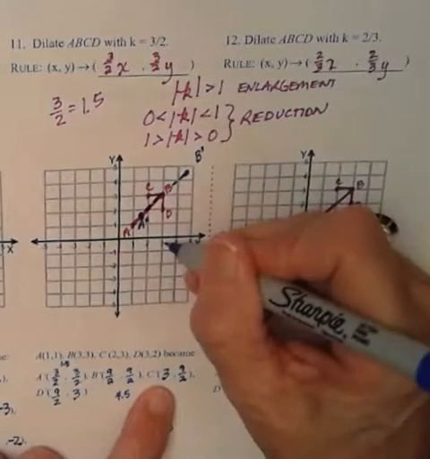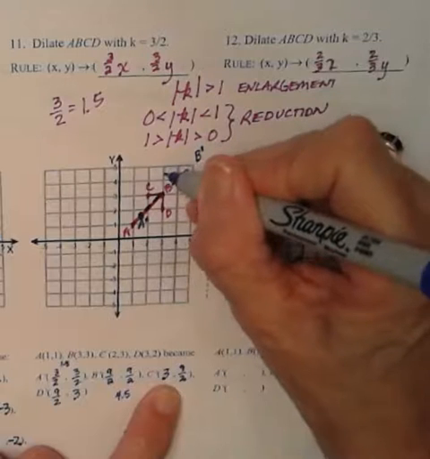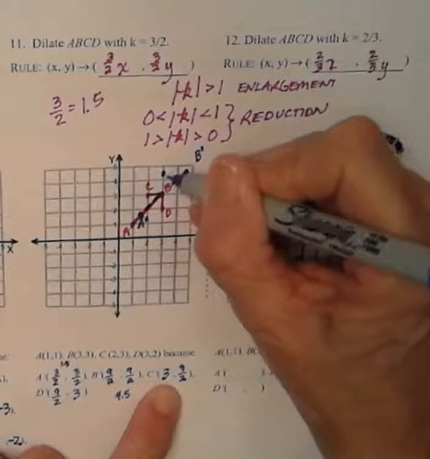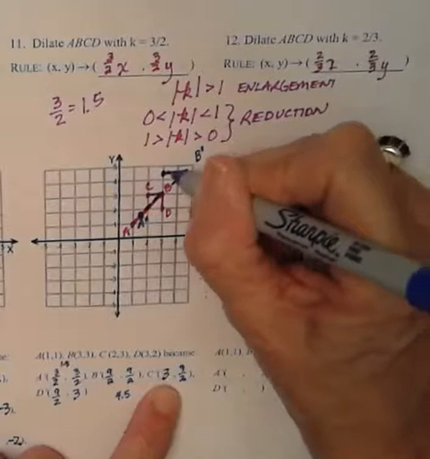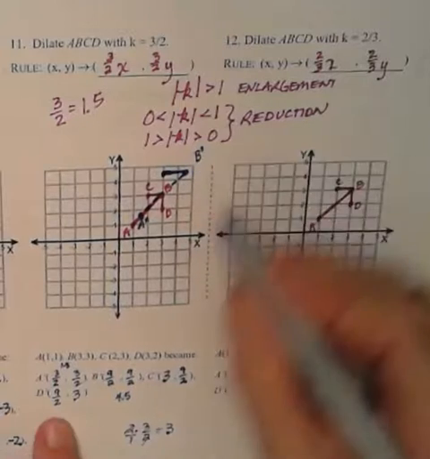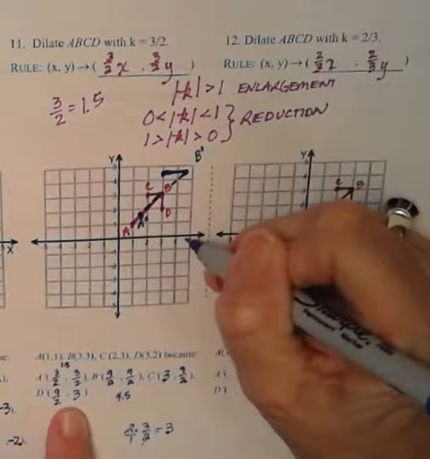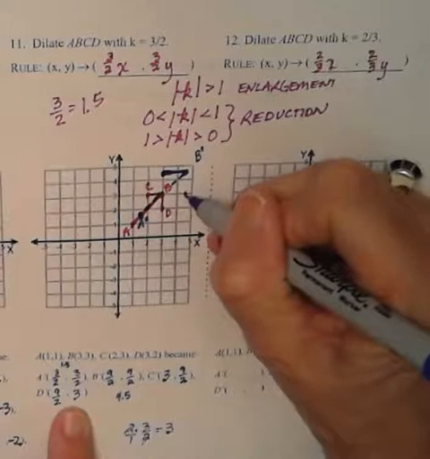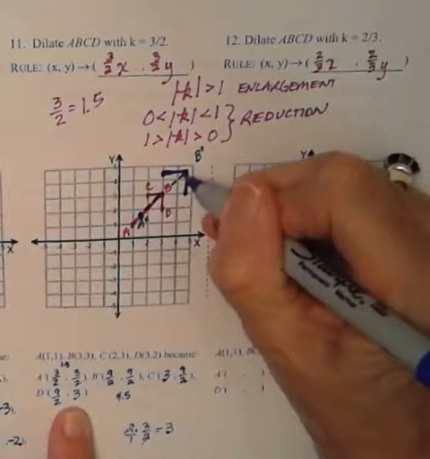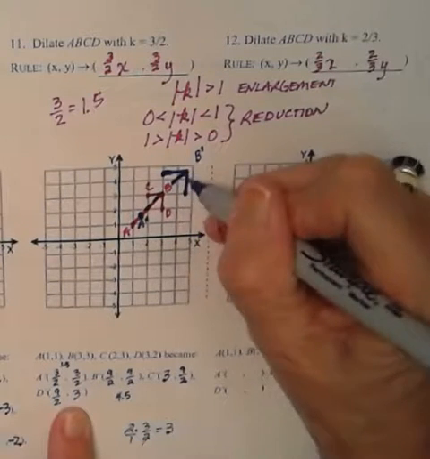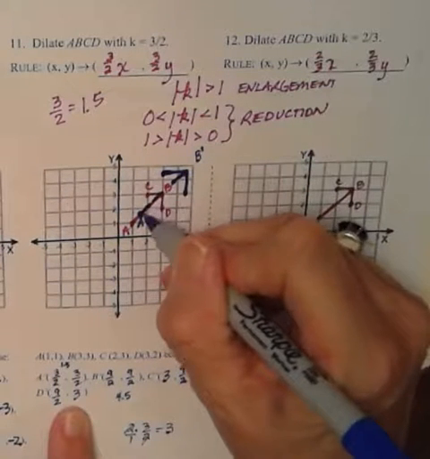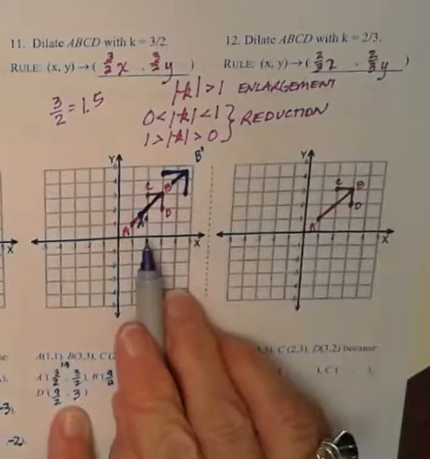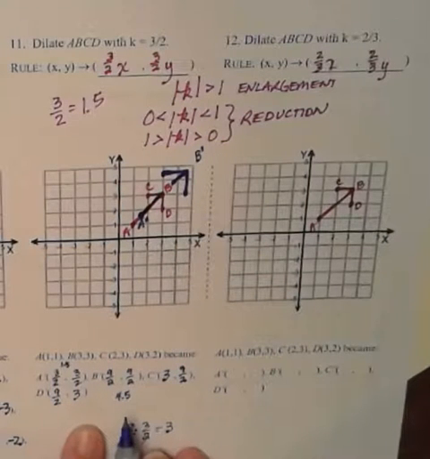I'm going to run 3, rise 4.5. I guess that one I could go ahead and make solid. And I'm going to run 4.5, rise 3. So in dark blue, you can see how big the enlargement became. That was for number 11.